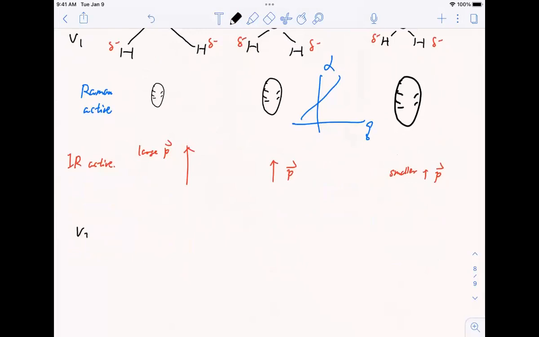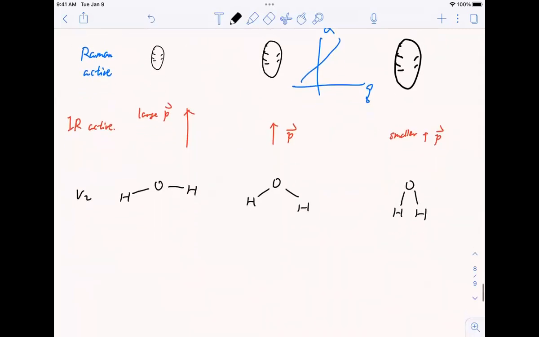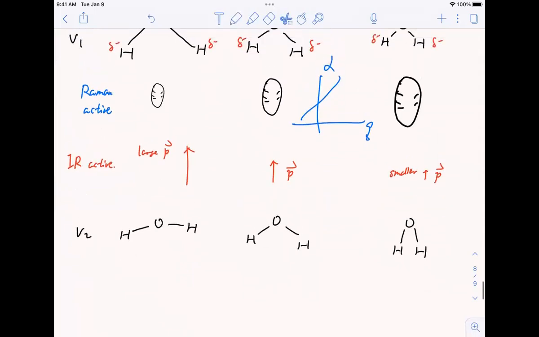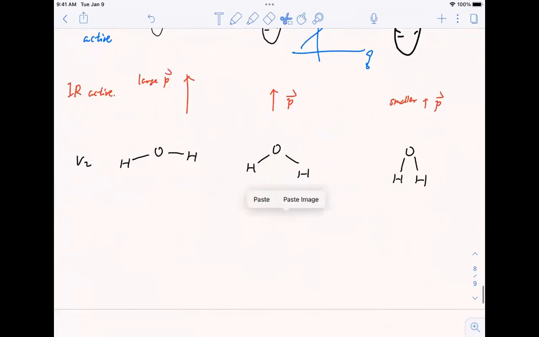Okay, so let's do one more. There are also 3 vibrational modes, and they're actually very similar. Another one is this bending mode. Let me make it bigger. So it bends like this, so it's just this bending mode, like flying. Okay. So similarly, we copy this. And then when it bends more, it will behave more like a sphere.